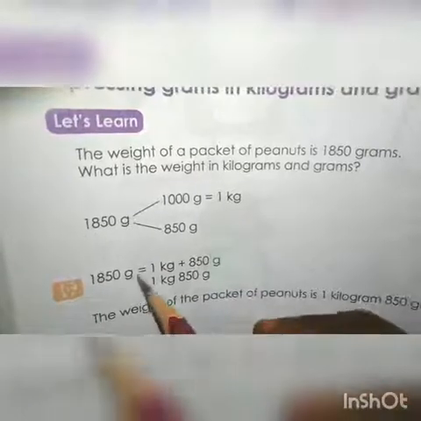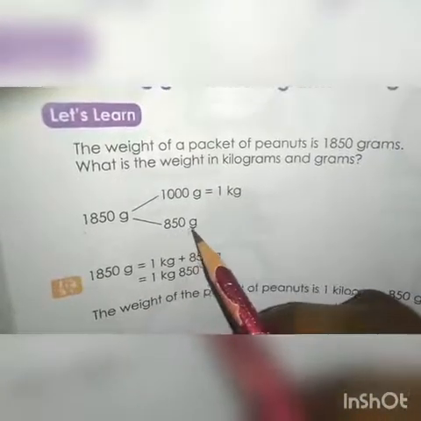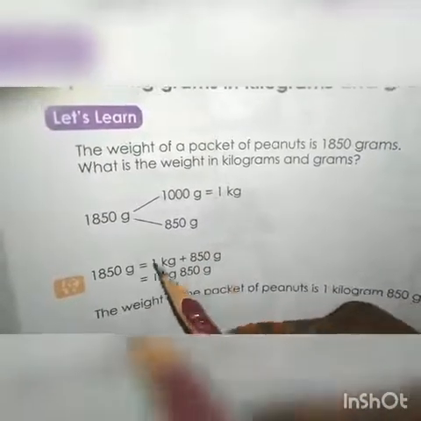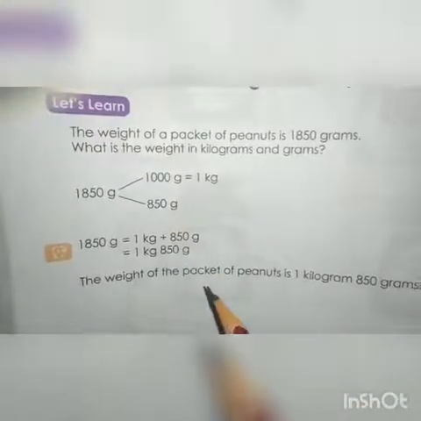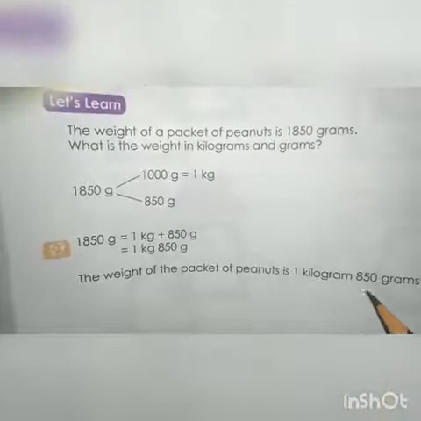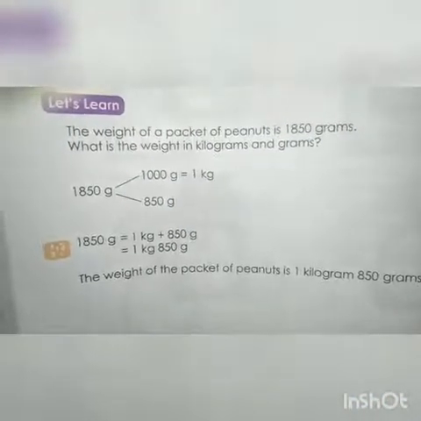Therefore 1 kg plus 850 gram. If we combine this together, 1 kg 850 gram. Therefore the weight of the packet of peanuts is 1 kilogram 850 grams.